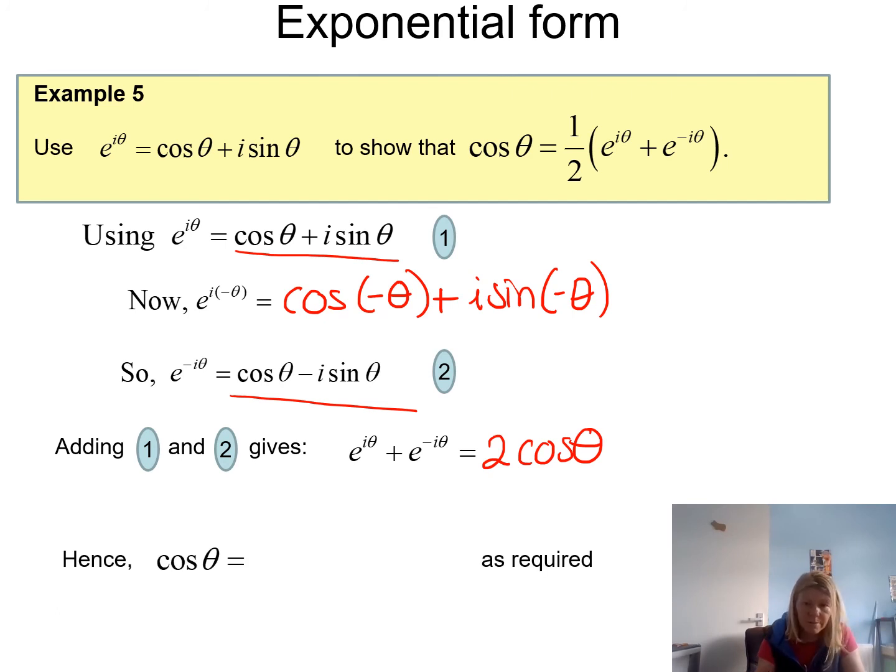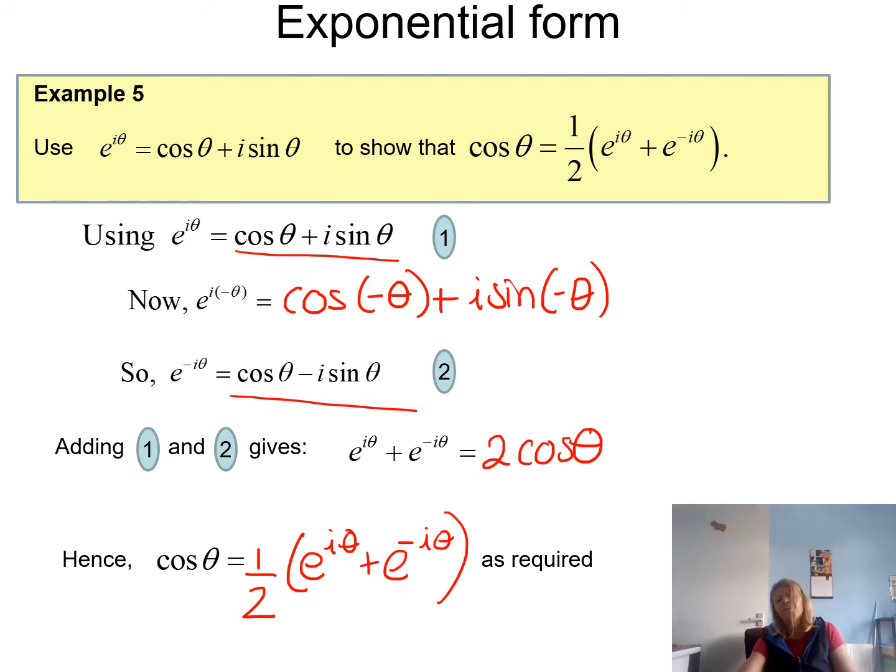That cos theta is a half of e to the i theta plus e to the minus i theta, which should now remind you a little bit of cosh that you met last year. It didn't have i's in it though. You can get a similar one for sine theta, which will remind you a little bit of sinh, perhaps.